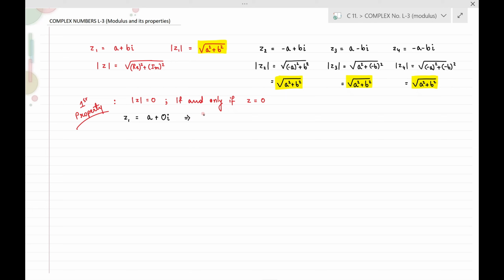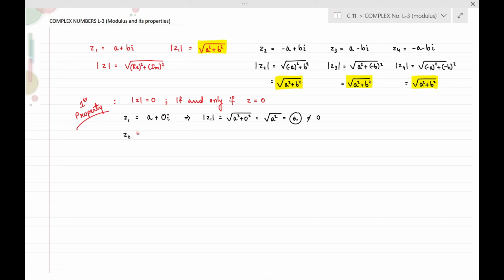So now in this case, if we find out mod of z1, we get modulus of z1 equals under root a square plus 0 square, and that is under root a square, and that is a, which is not equal to 0. So the modulus is not equal to 0 in this case.